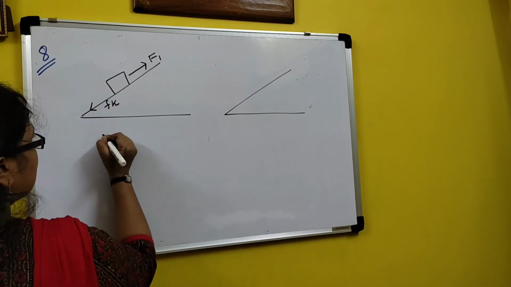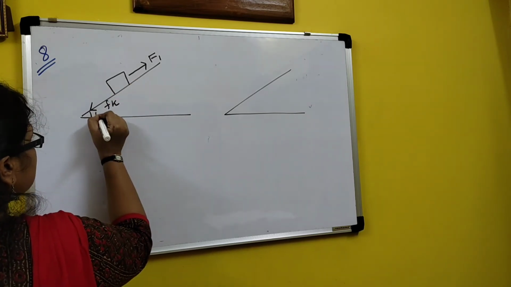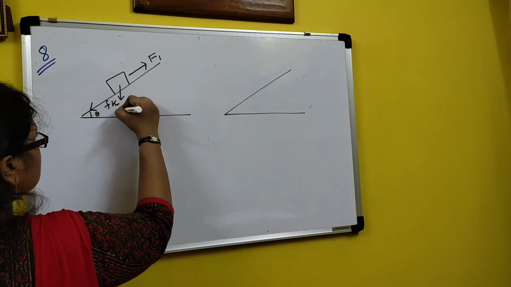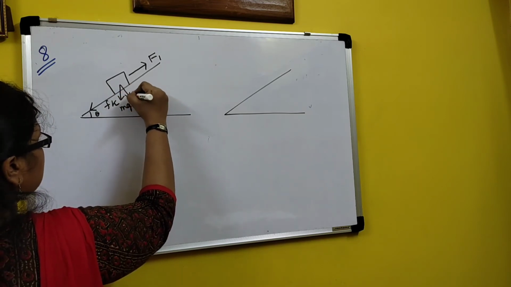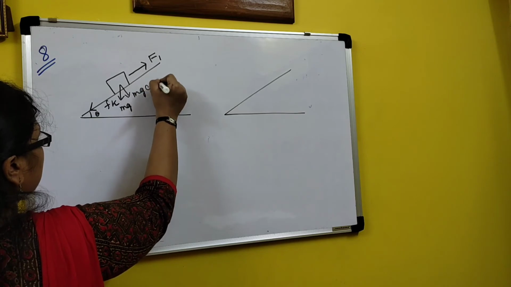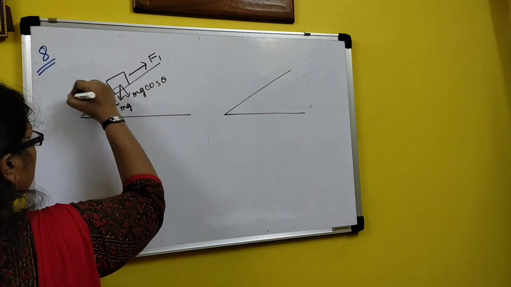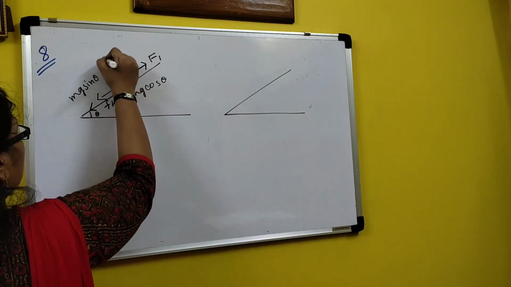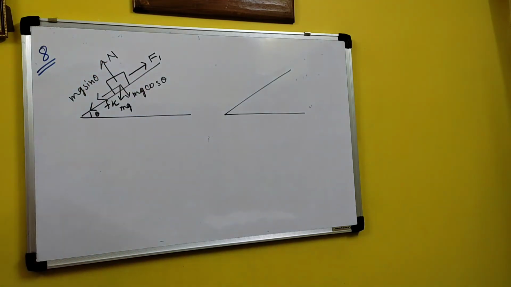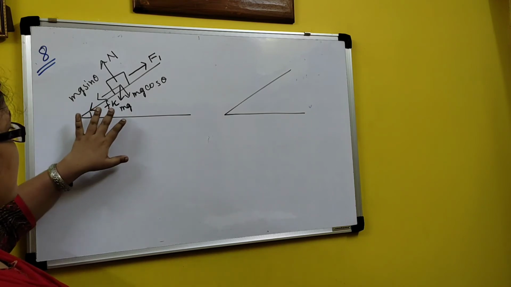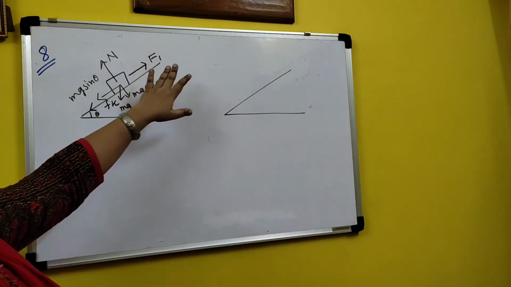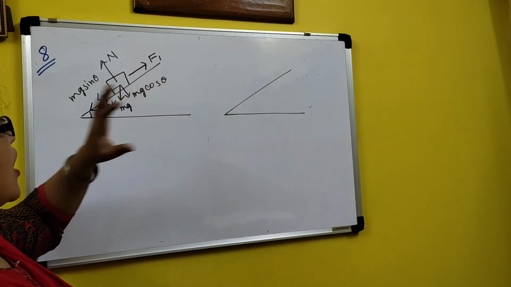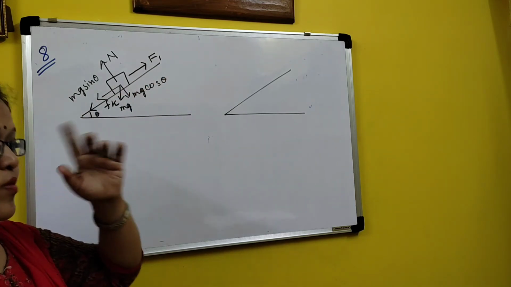Obviously this will be the direction of Fk. Clear? Now if this is theta, this will be mg, this is mg cos theta, and this is mg sin theta. And this is the direction of normal. In this case, when I am dragging the object upward, mg sin theta and Fk act opposite to the direction of F1.